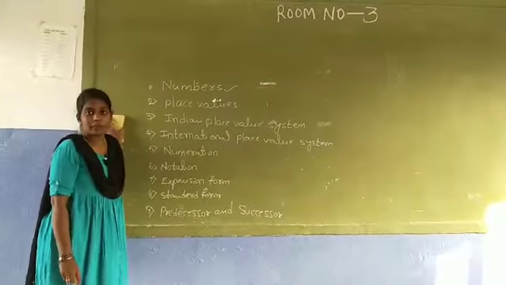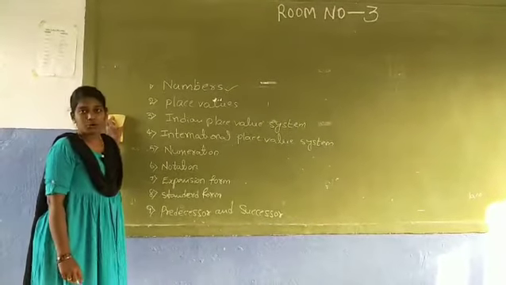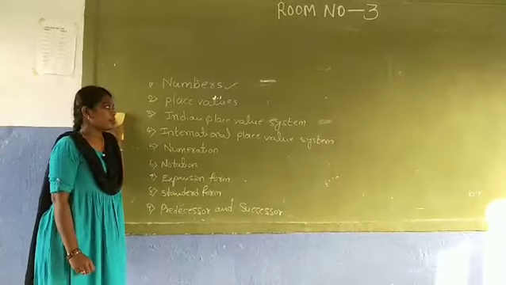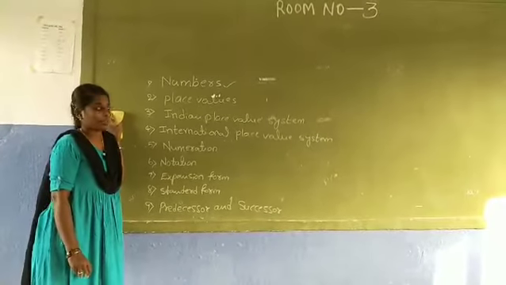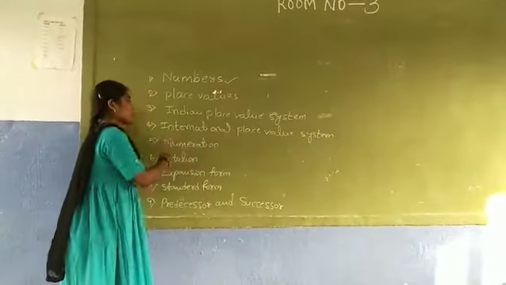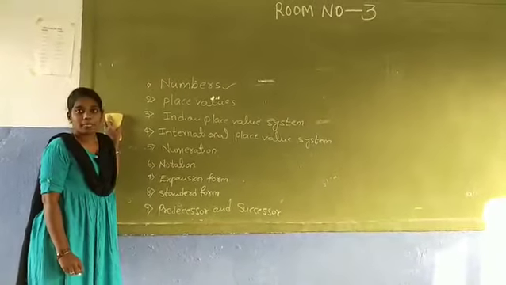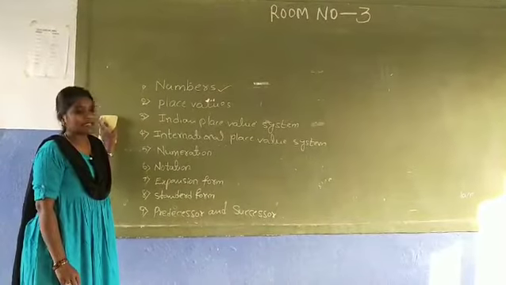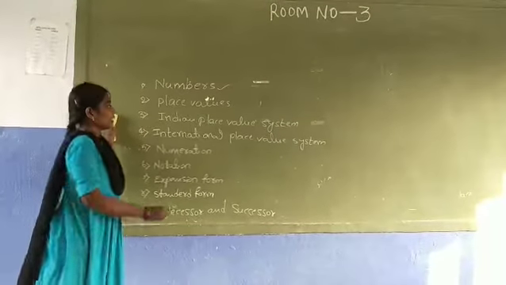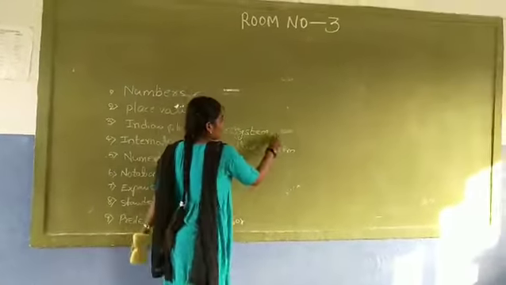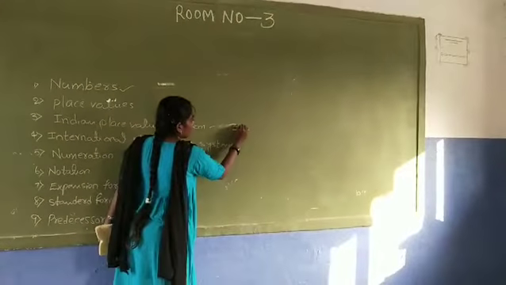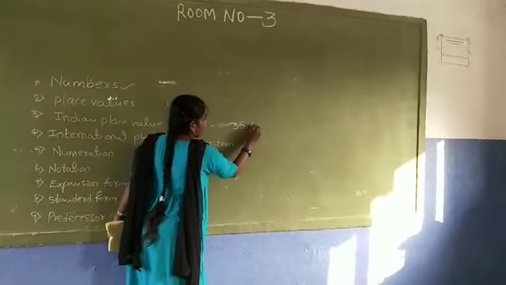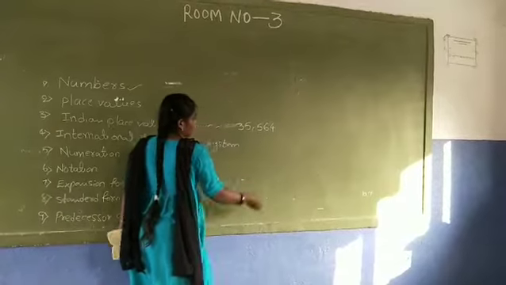In Indian system, we discussed how to write a number and how to read a number. In the same way, we discussed the international place value system, how to write and how to read a number. For example, 35,564.